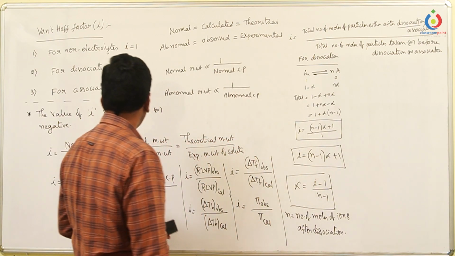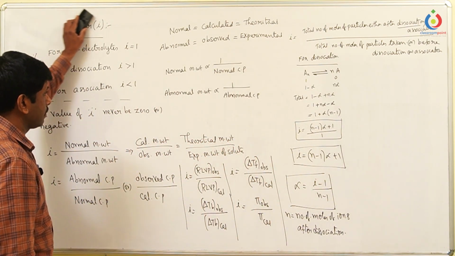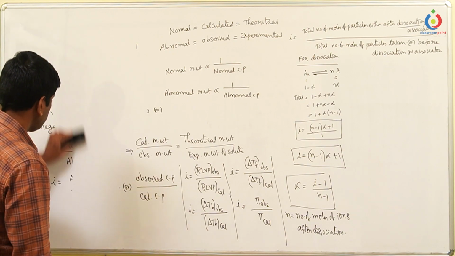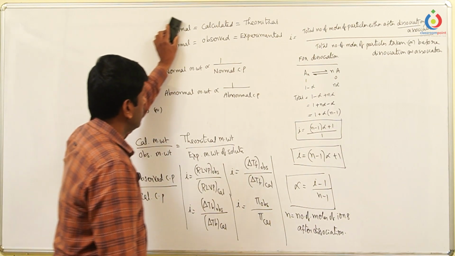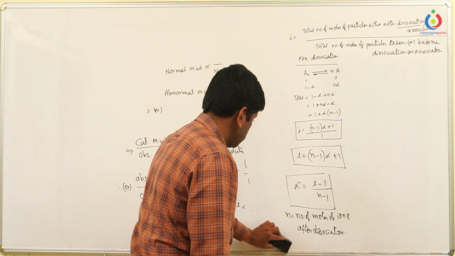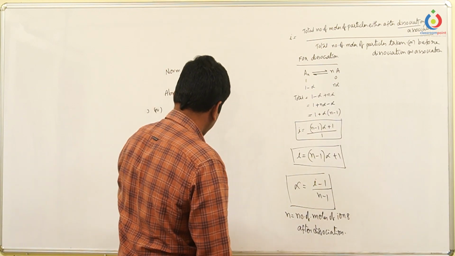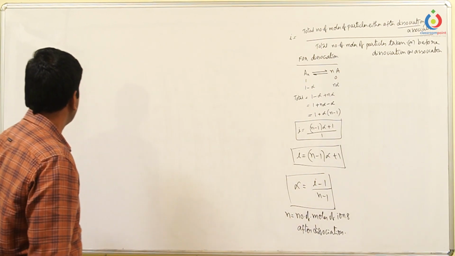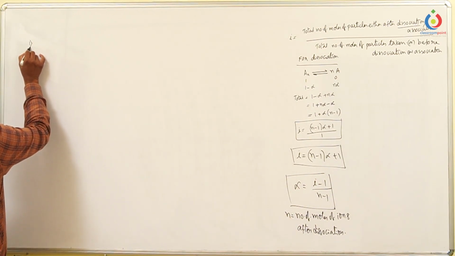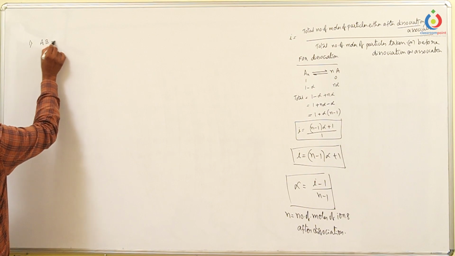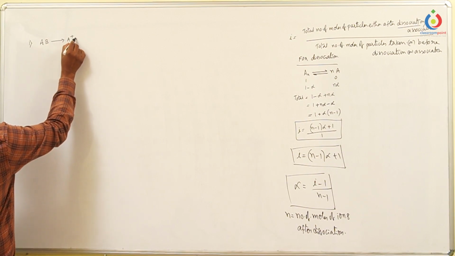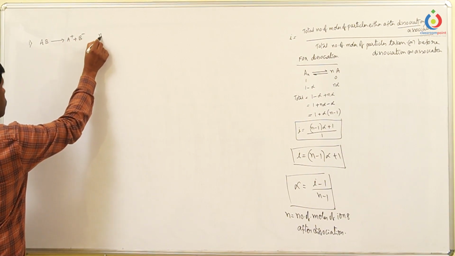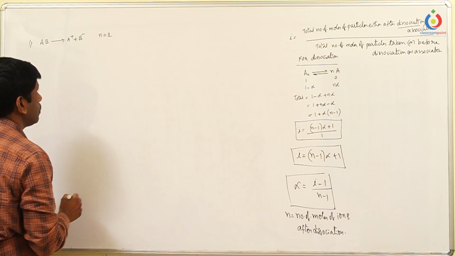So let us take some examples to understand this. Imagine an AB type of salt which dissociates into A plus and B minus ions. So the number of ions produced is equal to 2.